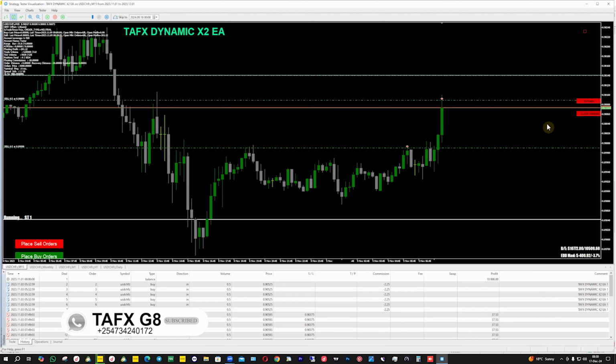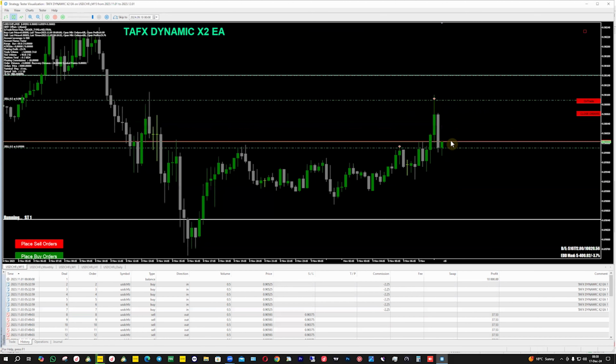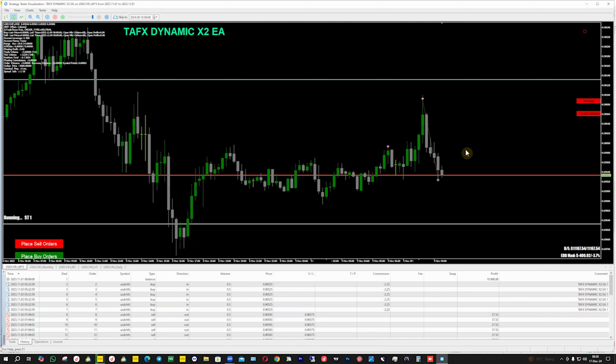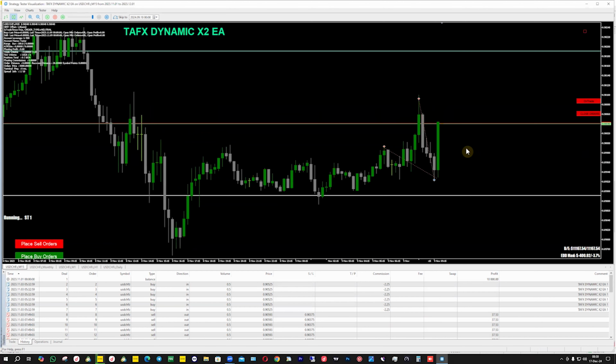I'm doing this because I do believe I'm talking to people who know about advanced SMC. And since now we have a long wick, we can depend more on this because it has created another long wick here. This is what we call the sweep of liquidity. When they have swept out people's stop losses, this is where the system is now dropping, and it has already closed, given us a profit.